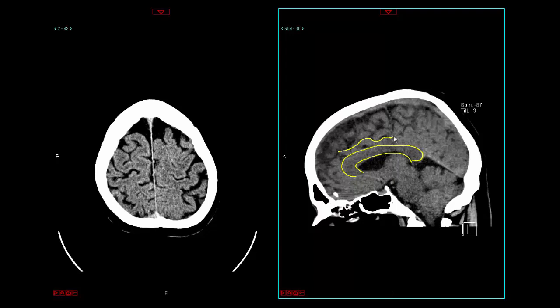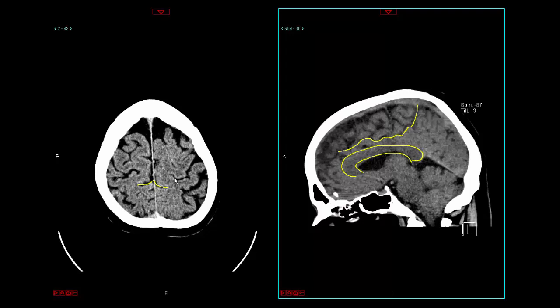Now, this cingulate sulcus goes right out like that. This is the marginal ramus, or marginal extension of the cingulate sulcus. This is the same structure that you're seeing as a superficial landmark right here.